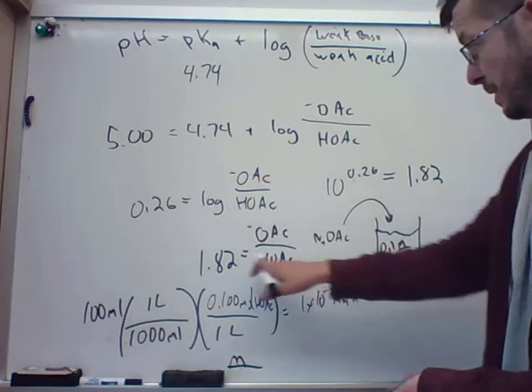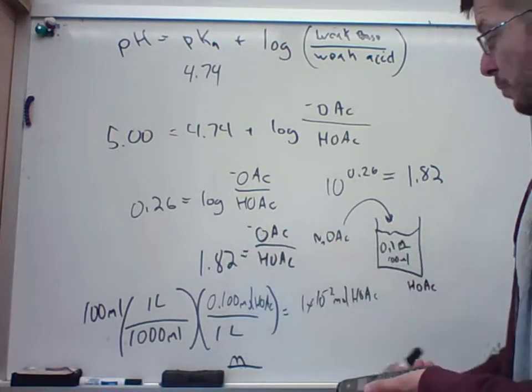Because this ratio says that 1.82 OAc, as long as it's equal to 1 or more.